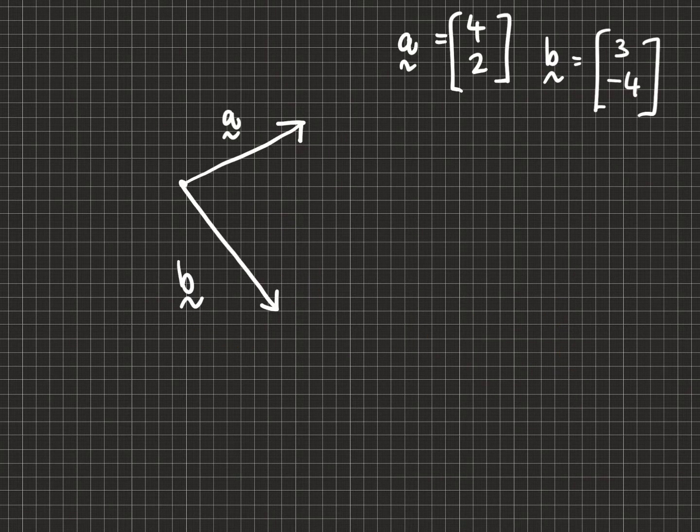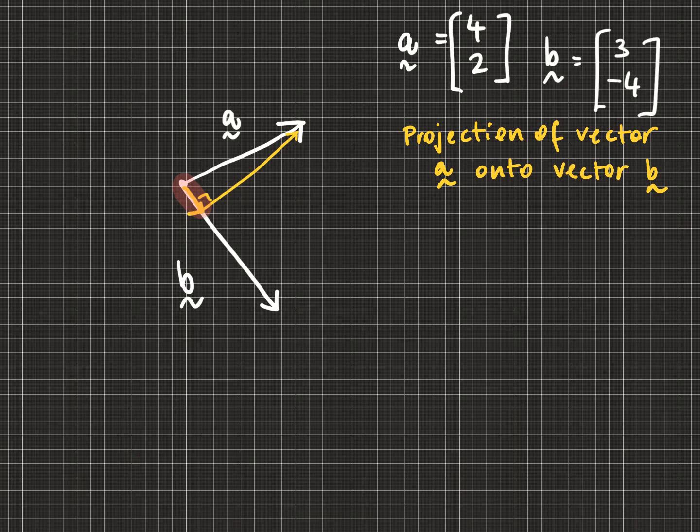Okay, here's an example here. I have vector A (4, 2) and vector B (3, -4). Now I could explain vector A as so much of vector B and then a vector perpendicular to B there. Now this little bit of it here, that little fraction of B, I call the projection of vector A onto vector B. And I can find out exactly what that little vector is, okay?